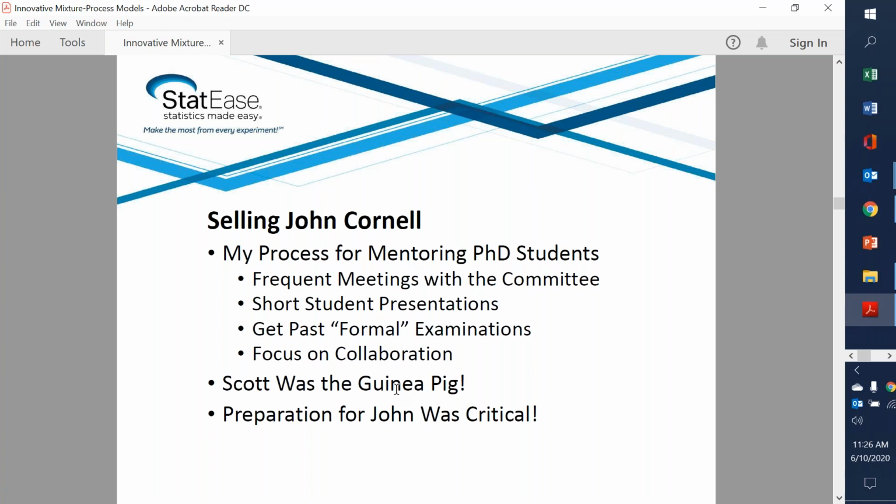I like that because it takes pressure off the students, because it's not all of a sudden an up or down decision on whether you continue or not. These are conversations, and one of them we turn into the proposal. And then by the end of this, we should all be on the same page that this is good research, it's ready for publication. That just makes the final exam a formality.